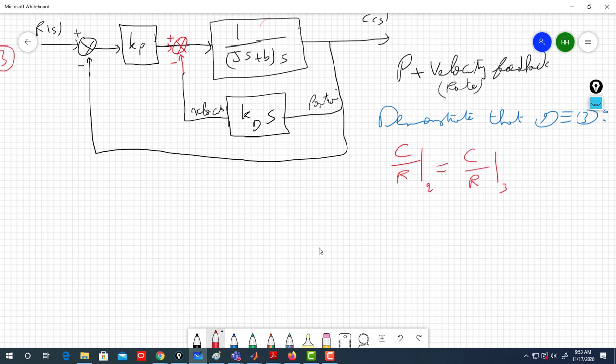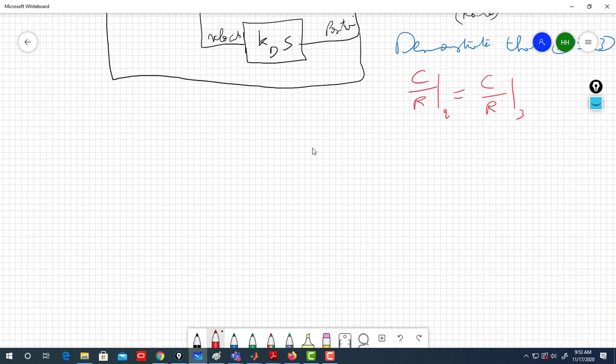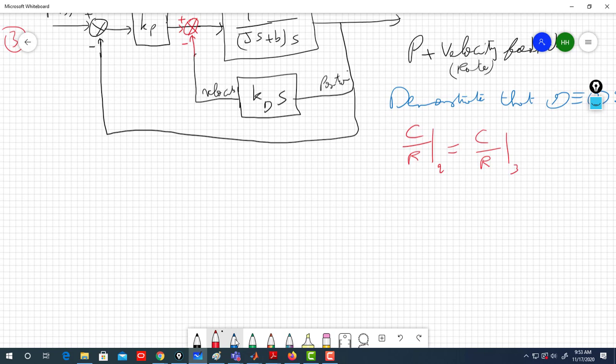Alright, so from now onward, this is the proportional velocity feedback control that we recommend to you. A side note, and it's an important note that I don't want you to forget: this is not how we put our derivative control in practice.